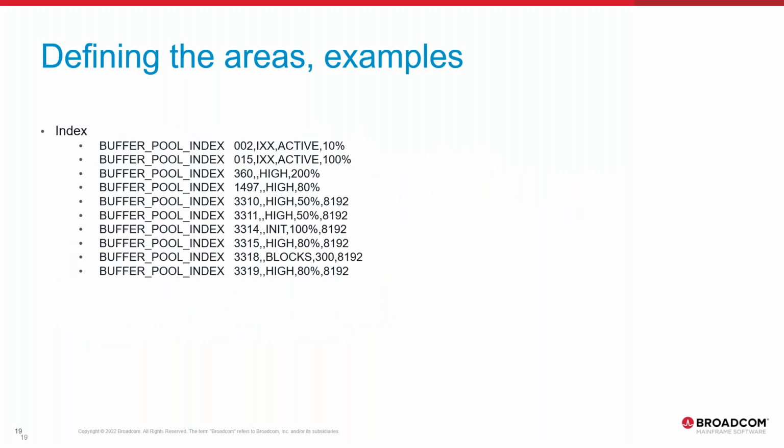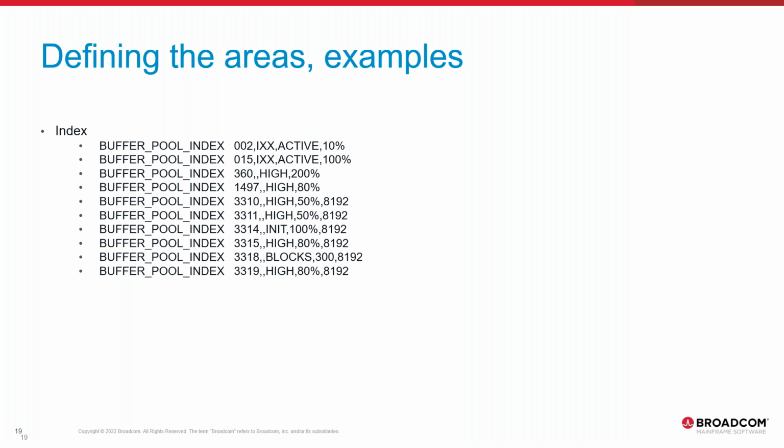These are some examples of the index. Database 2, IXX, active 10%, base 15, IXX, active 100%. An example of a database 360, no area. No area in this case means all MDIs. It means IXX, IO1, IO5.